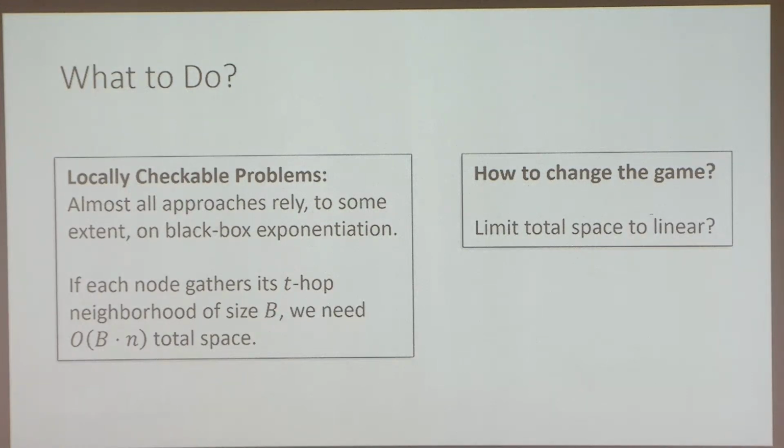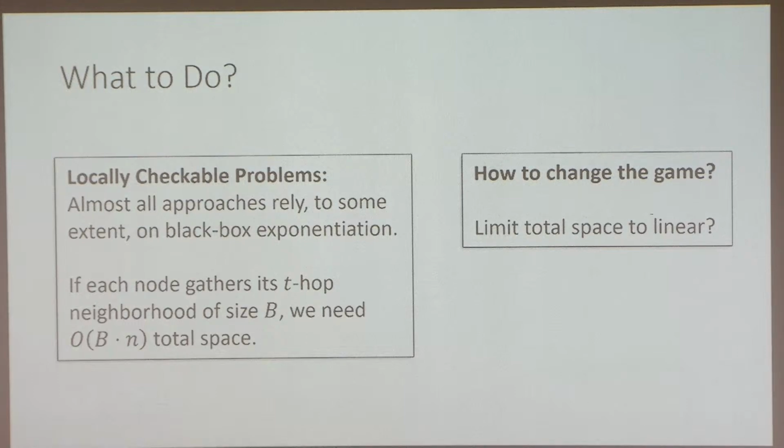And one property in common with all these algorithms is that since you collect this t-hop neighborhood eventually, you will also increase the total space that you need in the system. So there's no way of saying that every node just collects a constant amount of words, because I'm literally collecting everything around me.